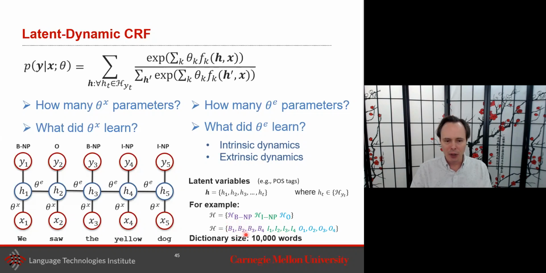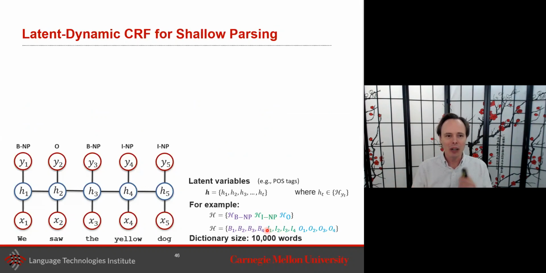What's the co-occurrence potential of B2 and B3? That's the intrinsic dynamic. The more interesting one is the extrinsic: what it is from B1 co-occurring with I1 at the next time step. That's really interesting because now your hidden dynamics is going to model both within the label and between labels as well.